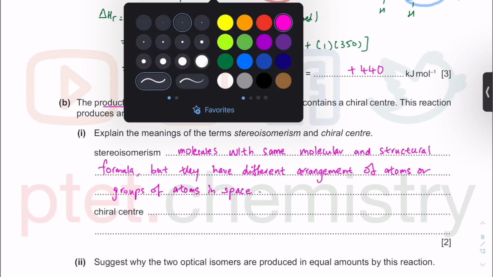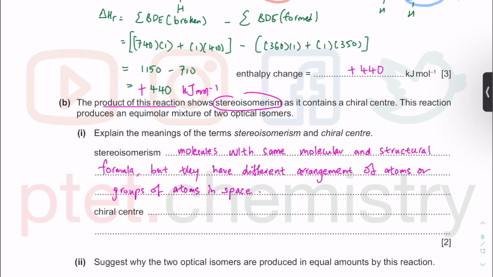Now, what about the chiral center? We know a chiral center is a carbon atom which is bonded to 4 different groups or atoms. And they will give rise to enantiomers, which are non-superimposable mirror images of each other. That is another definition you have to know.